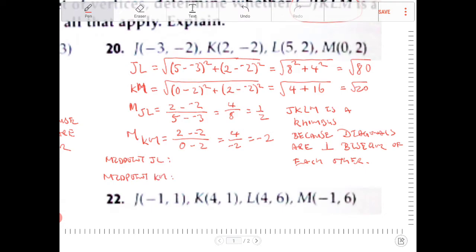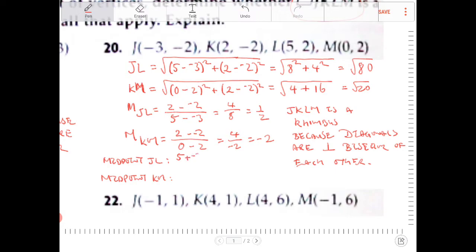So for JL, it would be 5 plus negative 3 and 2 plus negative 2. So this would be 1 comma 0.